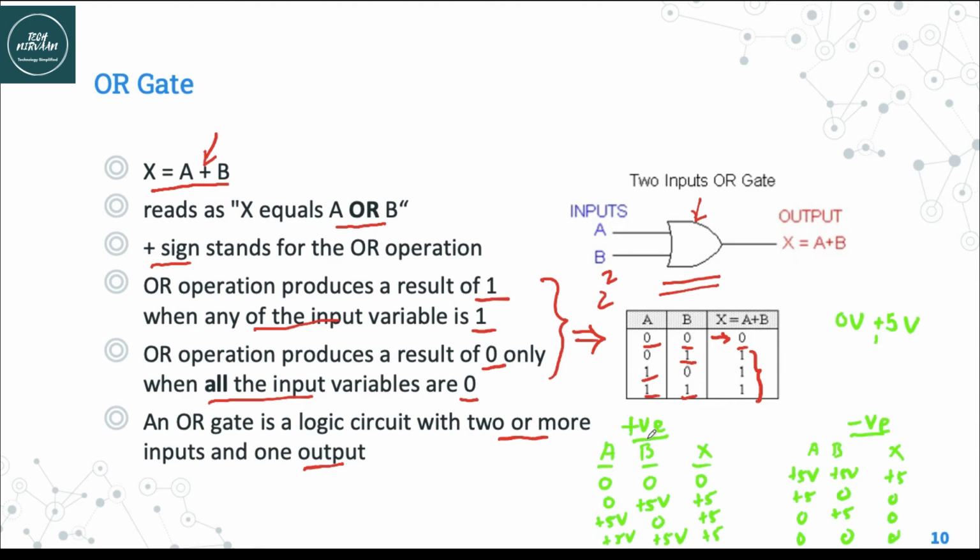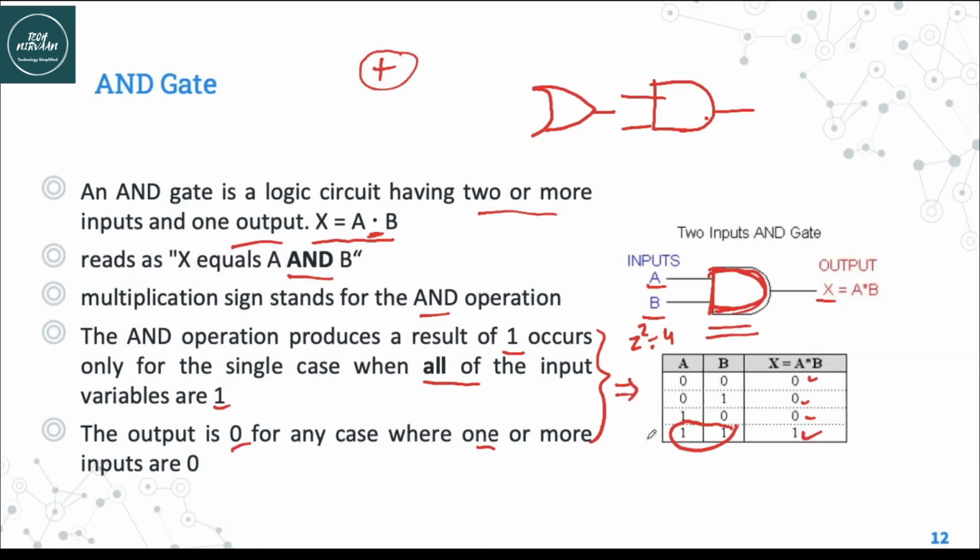Now let us develop same table for AND gate. So in case of AND gate, let us take positive logic system. A, B are input and X is our output.